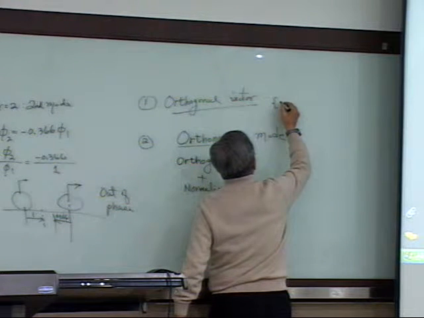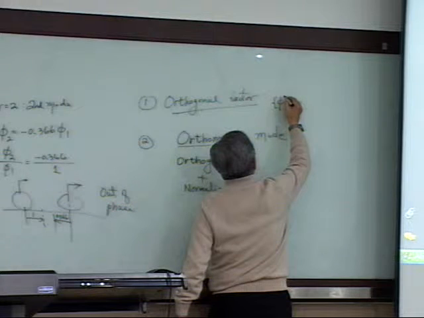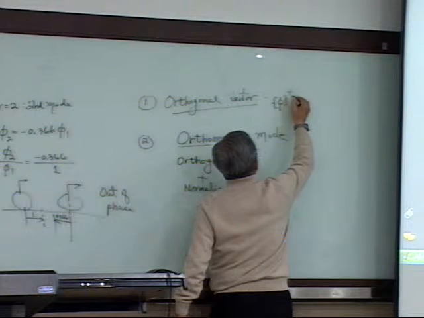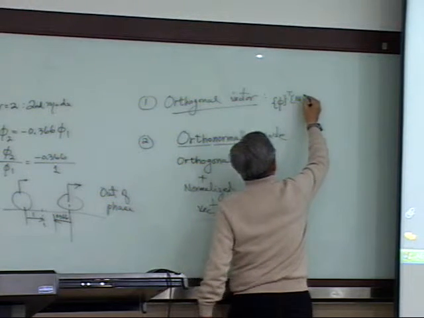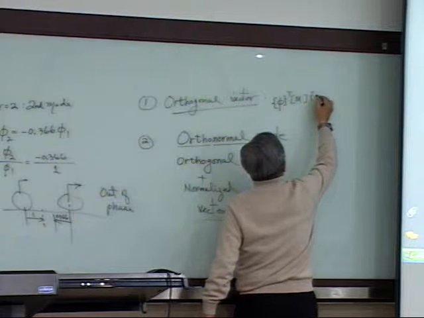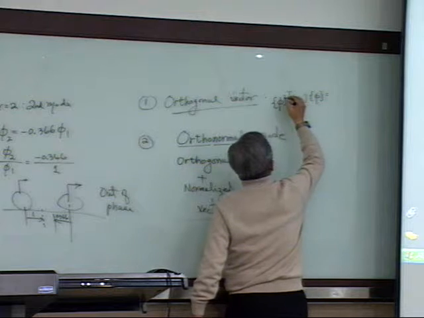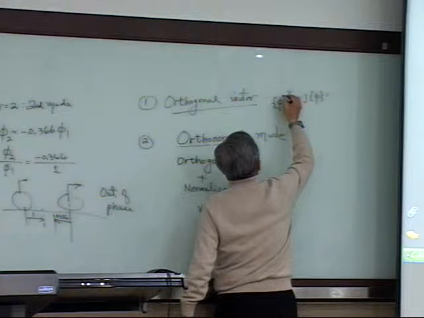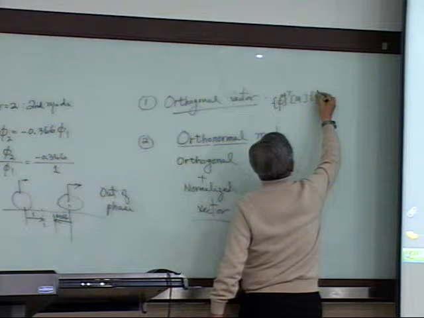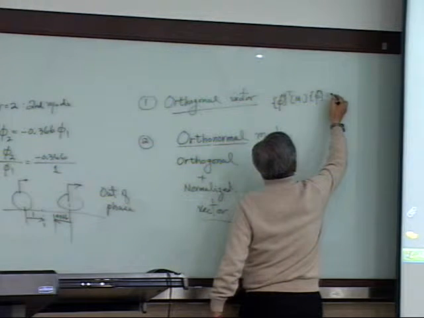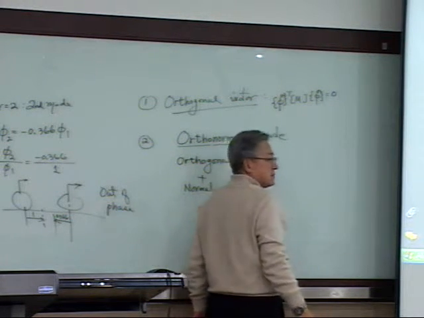This is phi transpose M phi is equal to, if this is S mode and this is R, two distinct modes, equal to 0.